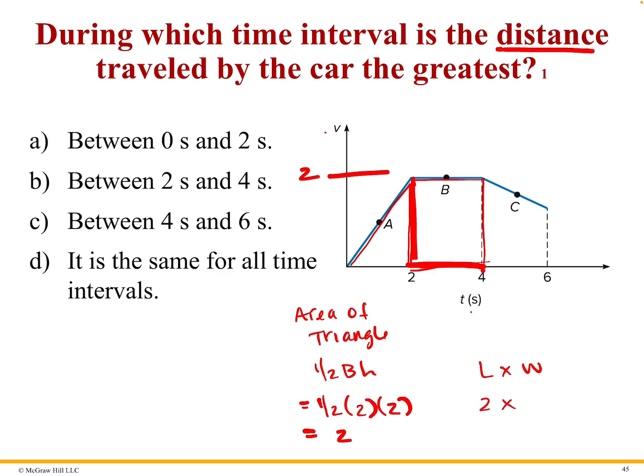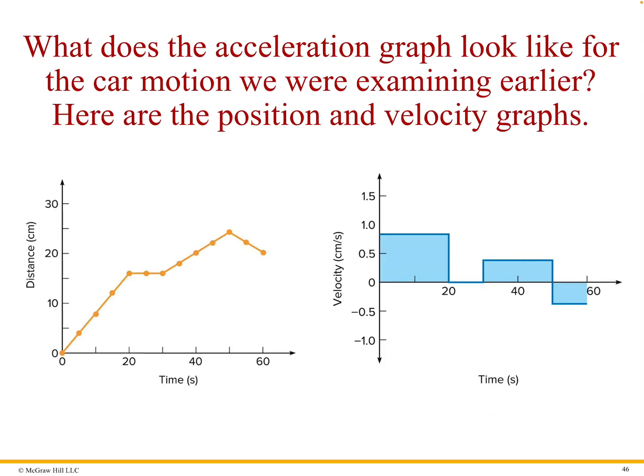But you've got 2 to 4, so 2 seconds times 2 meters per second. Let me go ahead and put the seconds on there. So that would give you 4. What would happen to the seconds here? They would cancel and you'd be left with meters. So between 2 and 4 seconds is going to have your biggest area under the curve. And so therefore you would end up having that as your biggest distance, the greatest distance.